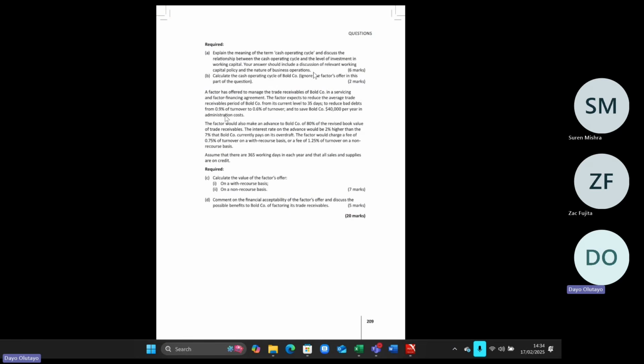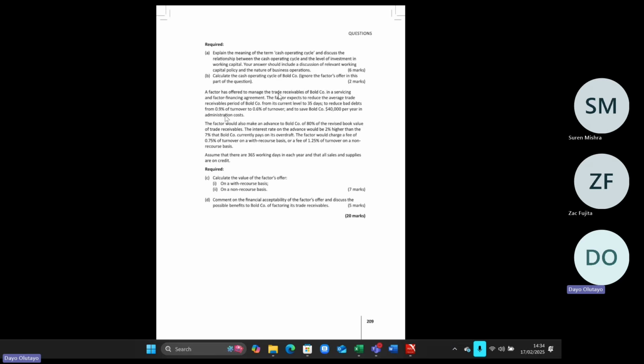Then part B now wants us to calculate the cash operating cycle of BODCO. We have to ignore the factor offer in this part of the question. Without the factor offer, you already know what the factor offer will be. Factor agent will be requesting to support you in order to reduce your account receivable days.